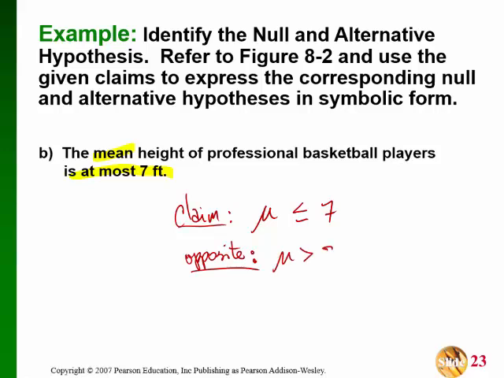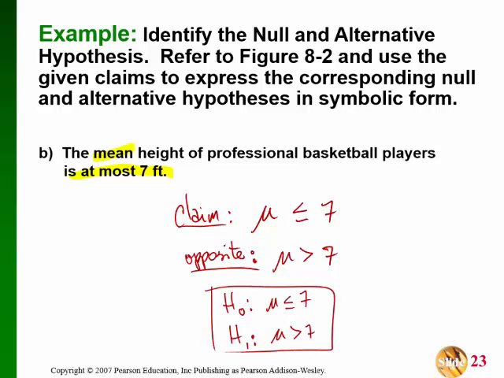Strictly greater than 7, right? And then from here, you can tell which one has the condition of equality and which one does not. Okay? This is kind of fun.